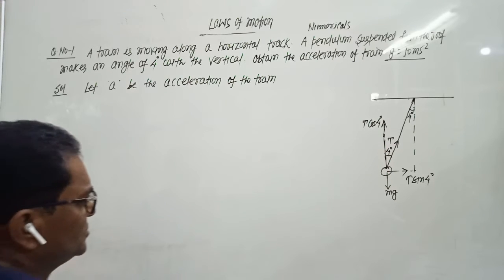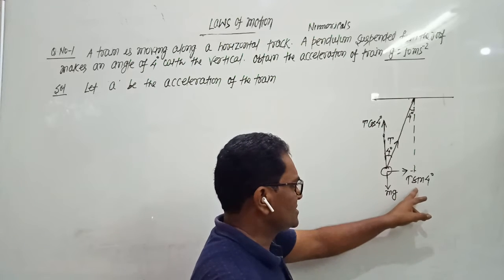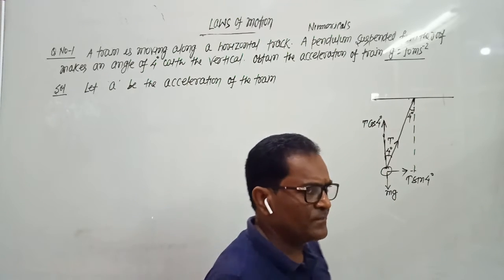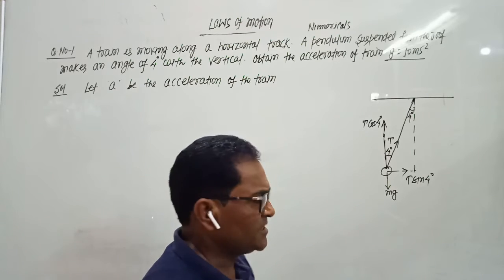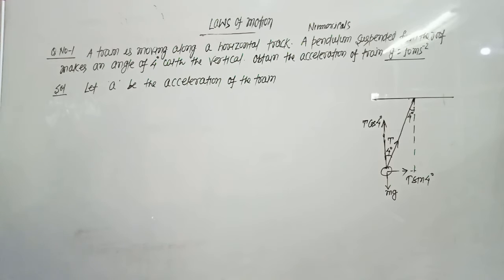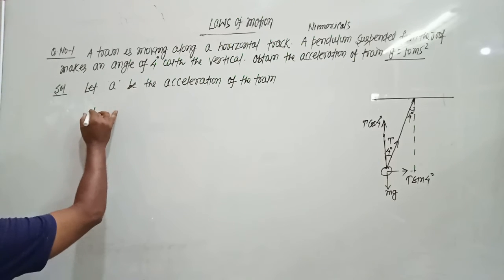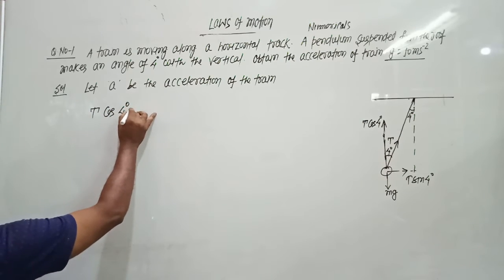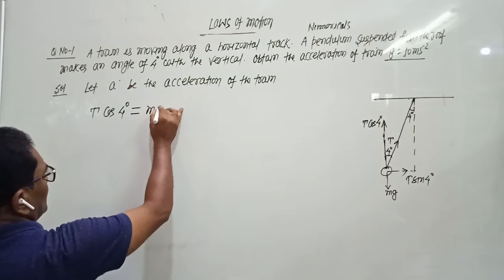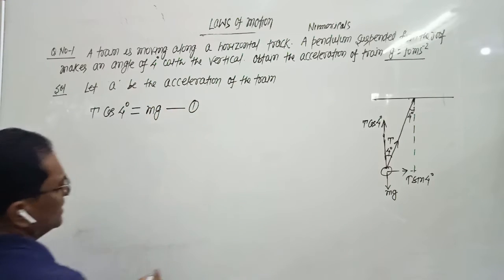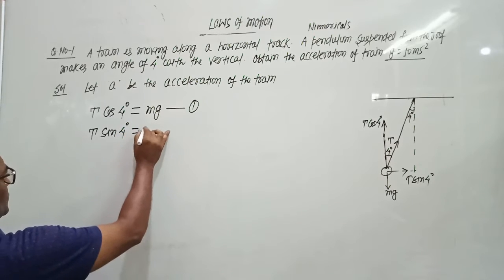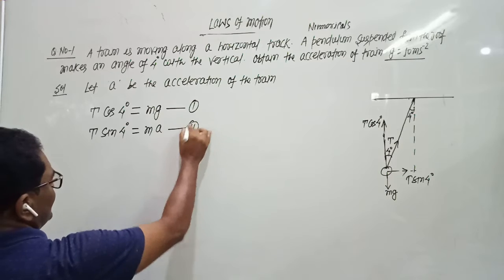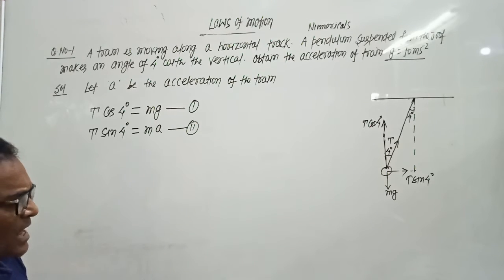And the horizontal force T sin 4 degrees must equal the resultant force M into A, mass and acceleration, because the pendulum is affected by the acceleration of the train moving in the horizontal direction.